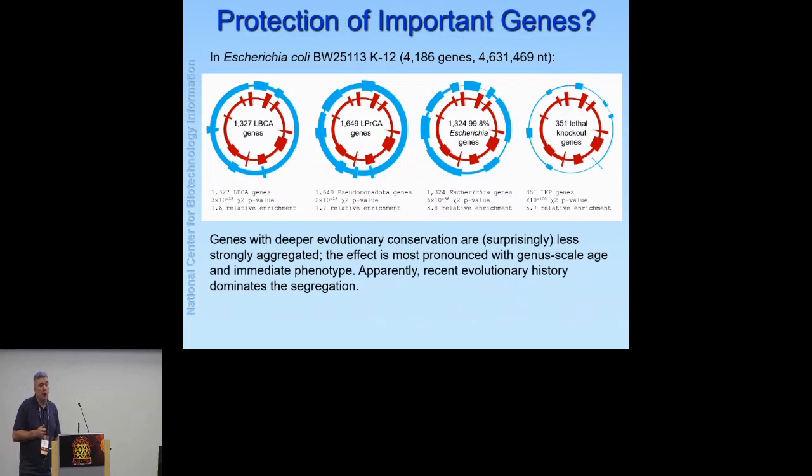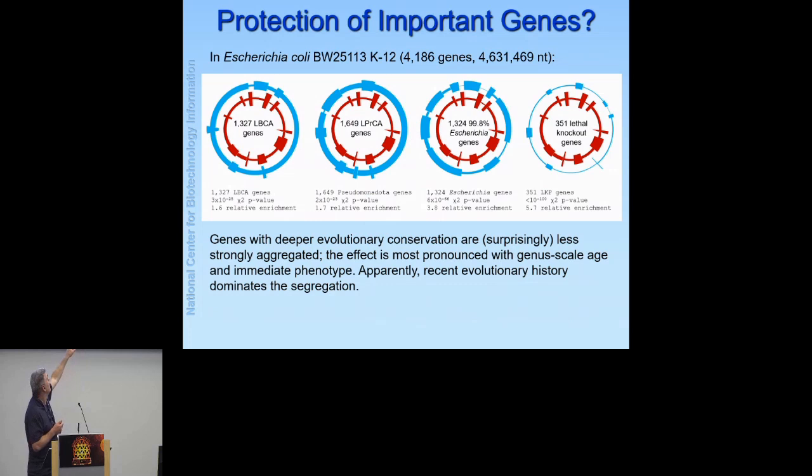If you look at alternative definition of target genes, you can, for example, like here, look at E. coli genome and map genes predicted to be in last bacterial common ancestor or in last common ancestor of proteobacteria, or you can look at genes with lethal knockout phenotype.